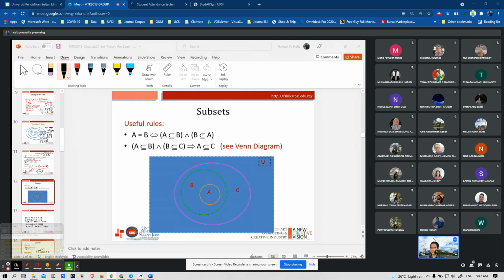For the Venn diagram here, we have A and B, and B is a superset of A, and C is a superset of B and A.